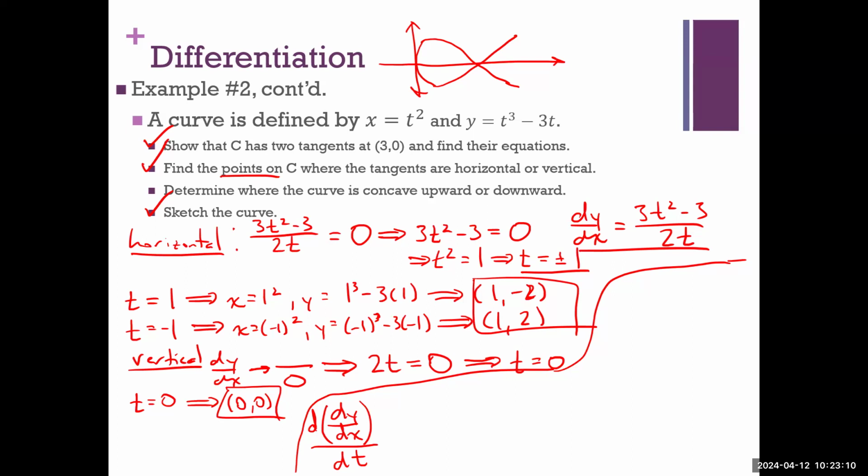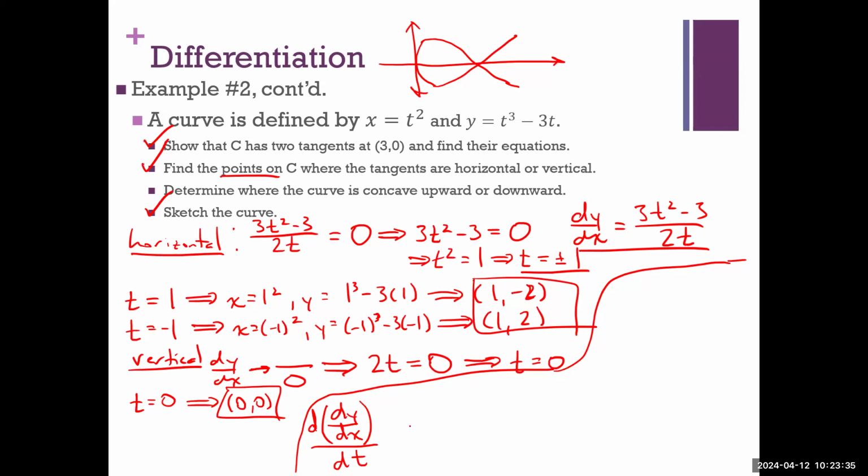Right, we got dx/dt, not on this slide, on the last one, and we got dy/dt. dy/dx comes from dividing them, dy/dt over dx/dt. So we have that. So now I want to take a derivative of that dy/dx with respect to t.